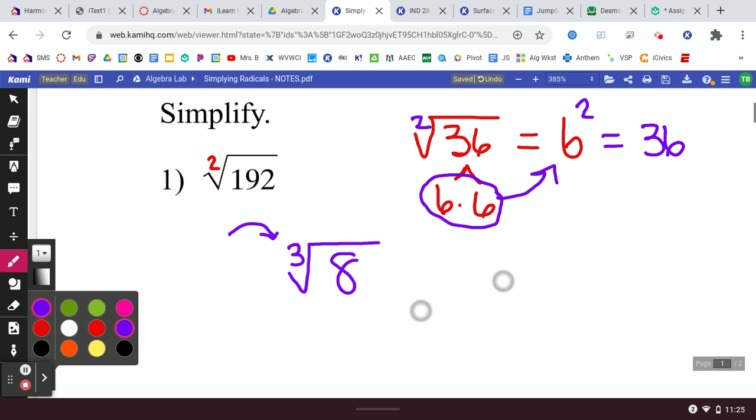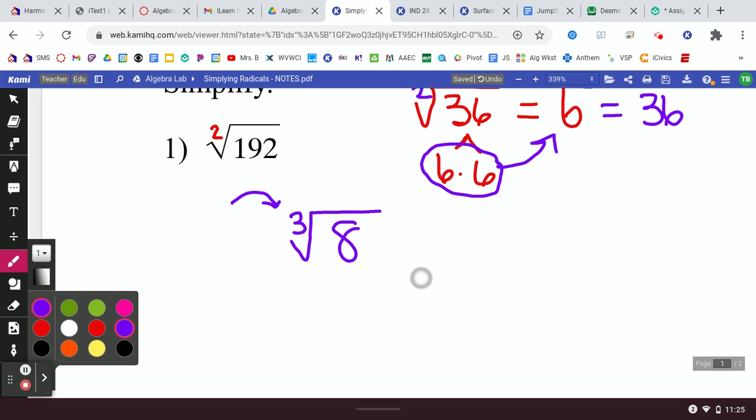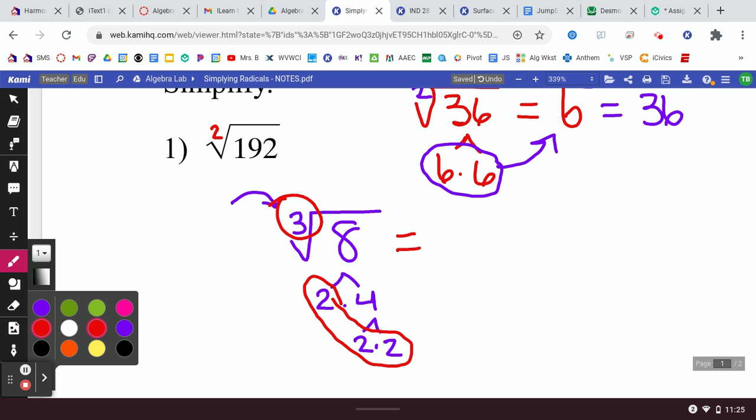So you have to factor 8, and that's what we're going to learn about doing today. But you have to factor 8 down into all of its prime factors. So you could go 2 times 4 is 8, and then 2 times 2 is 4. Well, now I'm down to all prime factors, and can I circle 3 of a kind? I have 3 2's, so the cube root of 8 is 2.